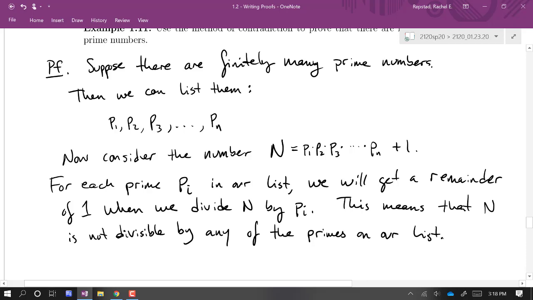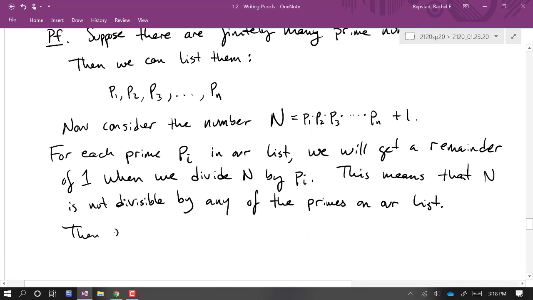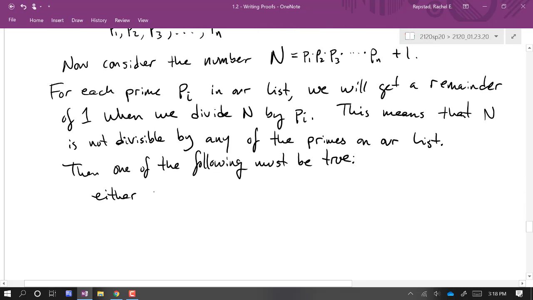That forces us to conclude one of 2 things. One of the following has to be true. Either big N itself is prime, because it's not divisible by any of our primes, or it has a prime divisor that's not on our list.